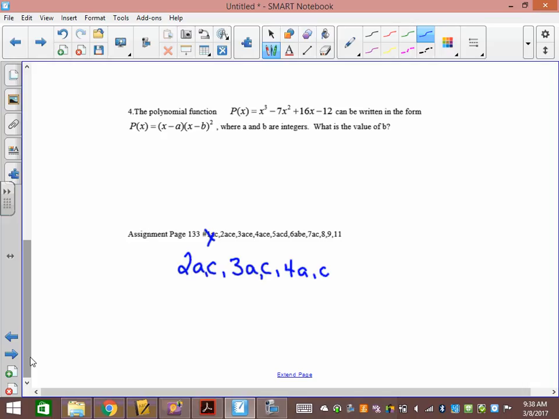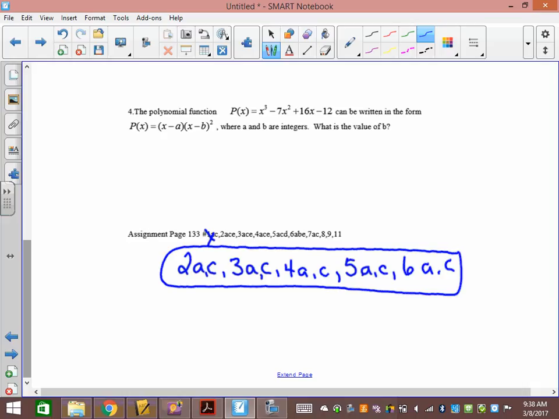They're not actually synthetic division ones. These are the synthetic division ones. 5AC, 6AC. For today. Tomorrow you'll be added more.